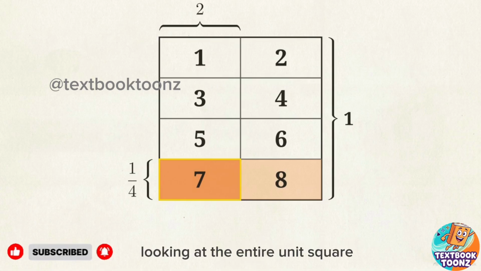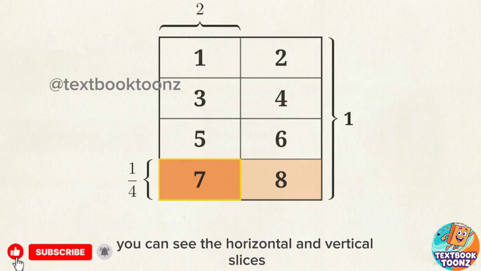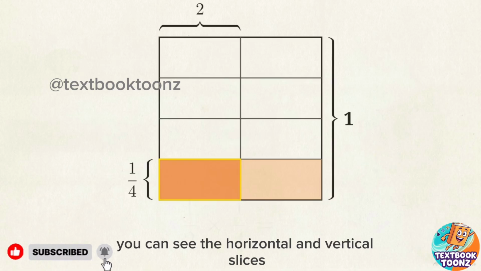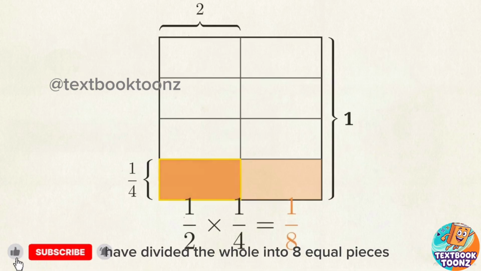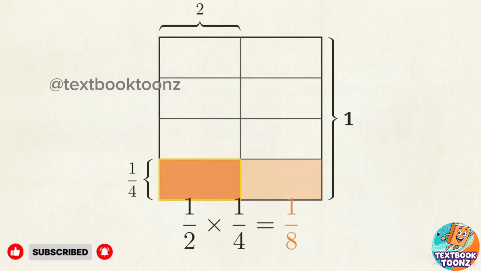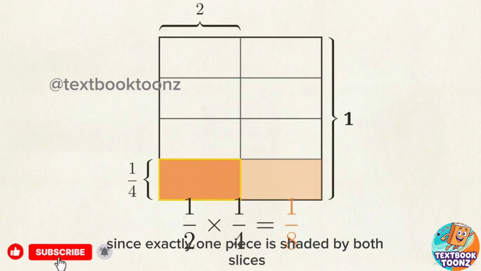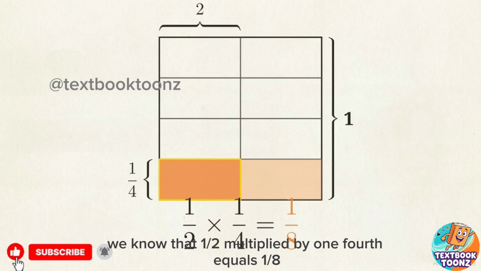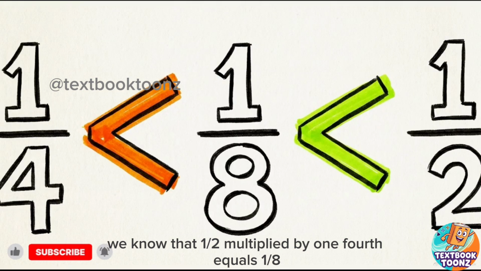Looking at the entire unit square, you can see the horizontal and vertical slices have divided the whole into 8 equal pieces. Since exactly one piece is shaded by both slices, we know that 1/2 multiplied by 1/4 equals 1/8.